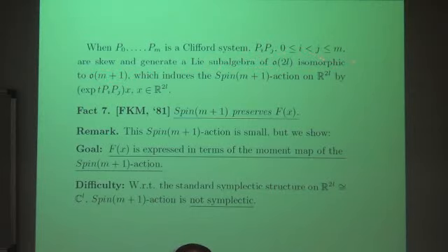And this Lie subalgebra generates a Lie group, and it acts on the original Euclidean space as a spin action in this way. And Ferus, Karcher, and Münzner showed that this spin action preserves the Cartan-Münzner polynomial. So along isoparametric hypersurfaces, this spin group acts.